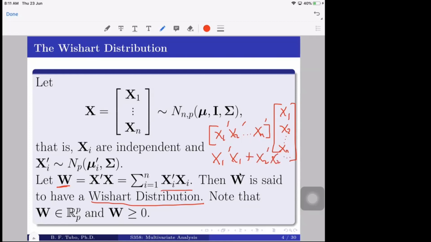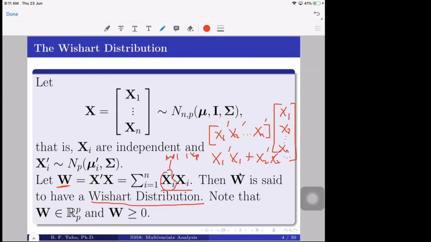So that is the summation of x prime i x i, i from 1 to n. Take note that each of these is a vector of p by 1, and this is 1 by p. So this is a summation of p by p matrices.